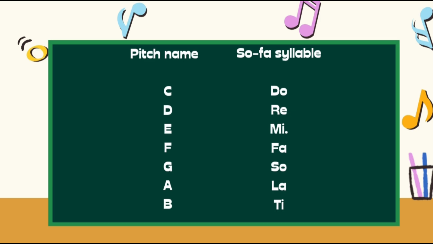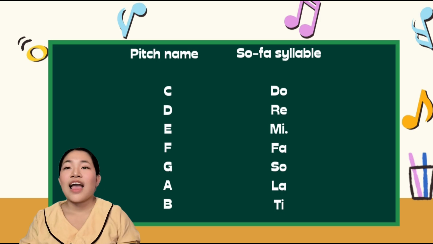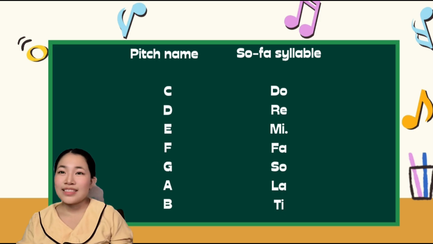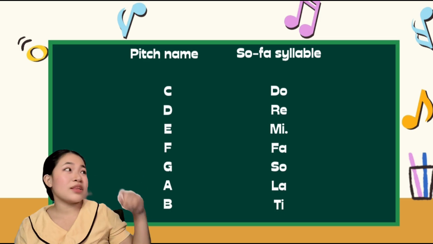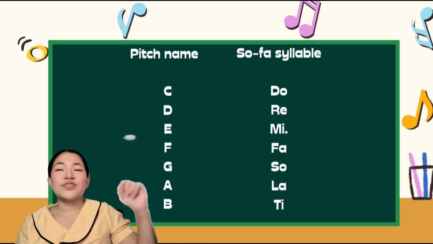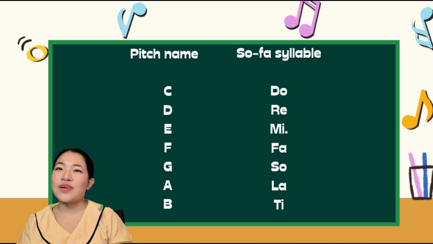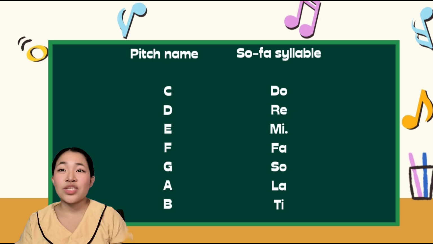Each pitch name also has its corresponding solfa syllable. So, as you can see, this is the pitch name and the other one is the solfa syllable. Okay, so for pitch name C, the solfa syllable that corresponds to it is do. The D is re.